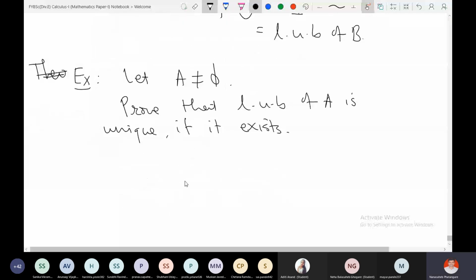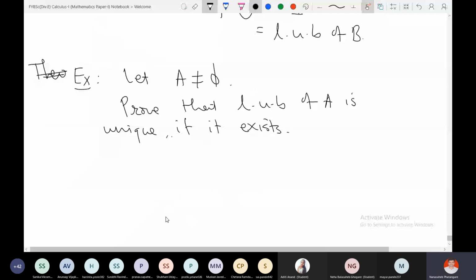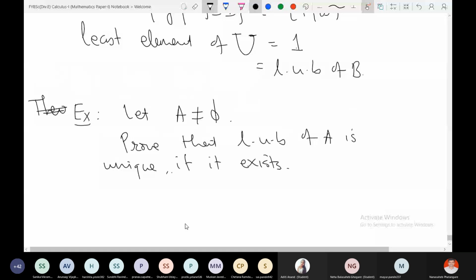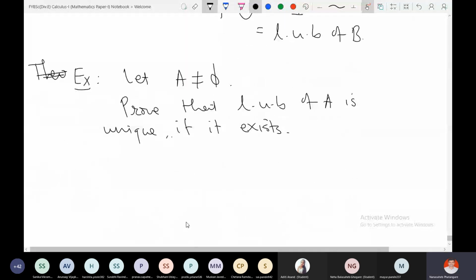The least upper bound of a set is unique if it exists. How will you prove this? Can you prove this? The proof is not very difficult.